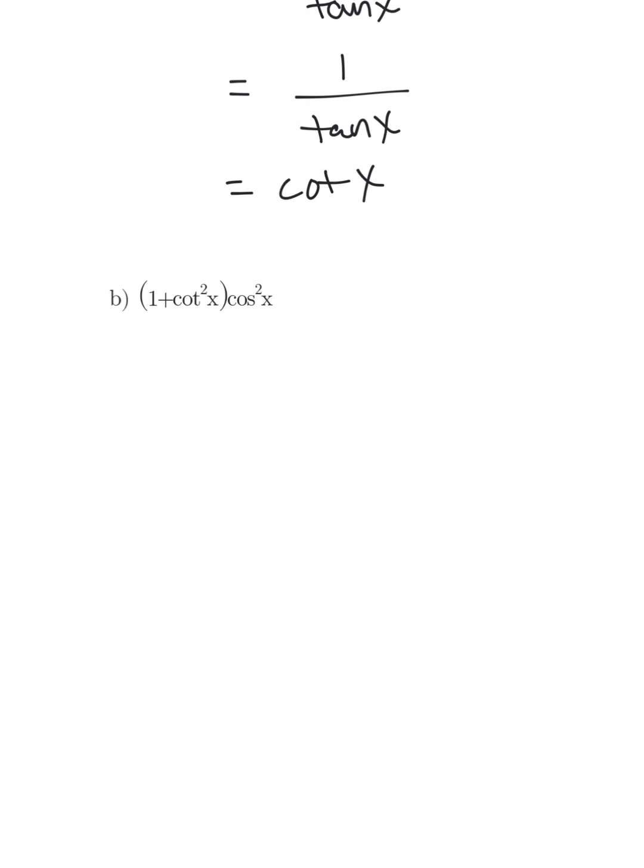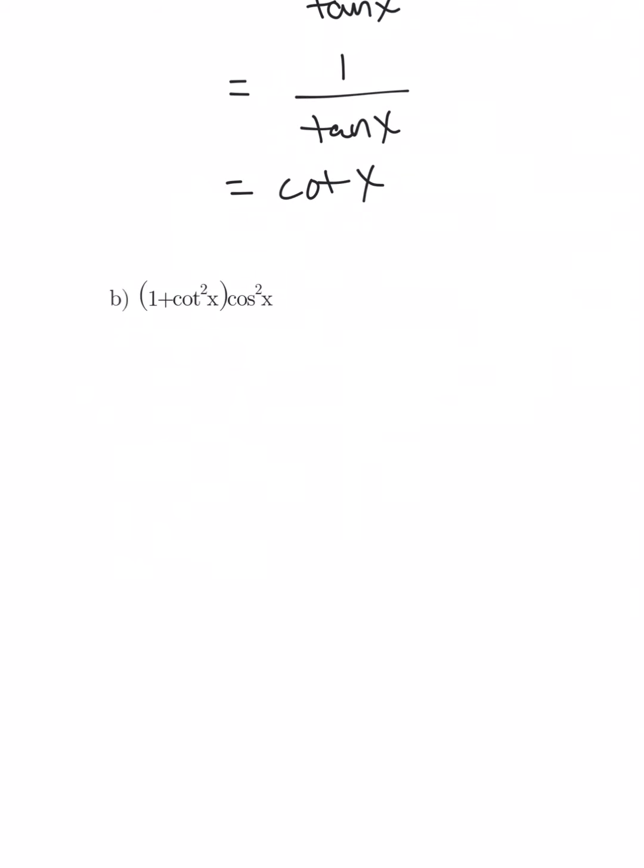On example B, we have the quantity of 1 plus cotangent squared times cosine squared. One of the things that you need to look for when you are doing this kind of problem is when you have squared trig functions, is there a Pythagorean identity in there somewhere?